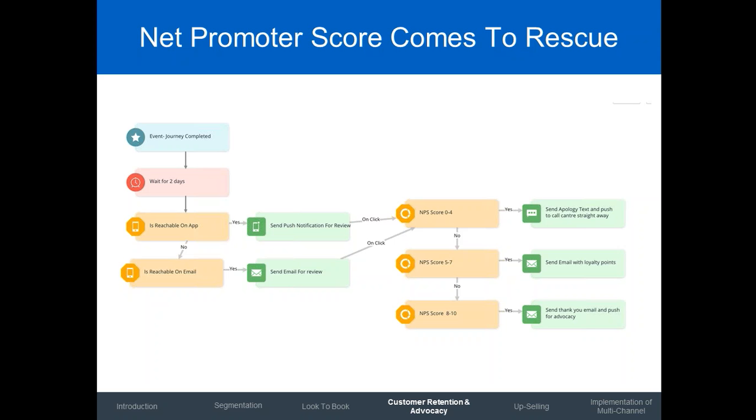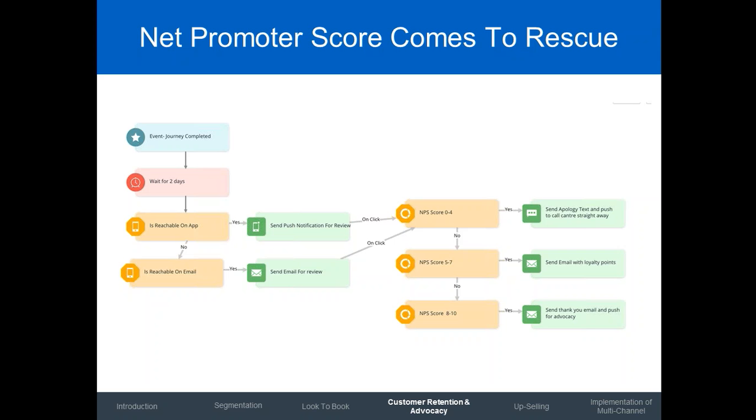There is no manual intervention required where somebody takes out the NPS, looks for the score, and sends it to the team to reach out to detractors. There's a lot of time loss today in the world of technology. If you are not able to reach out to your customer in a few hours or a few minutes, it's all over the social media, and it gets you a lot of negative word.